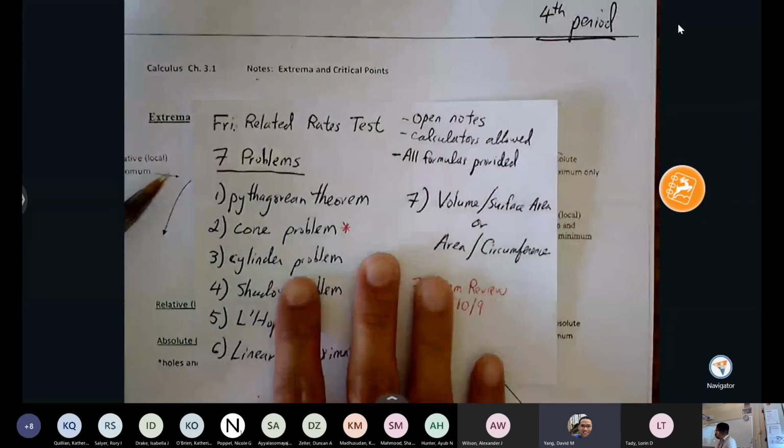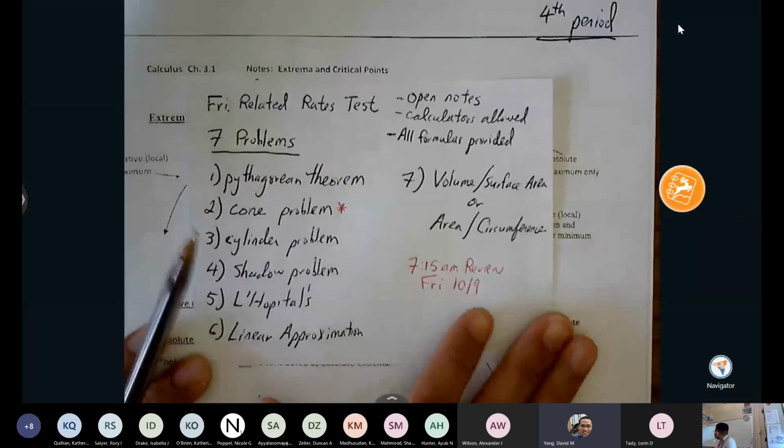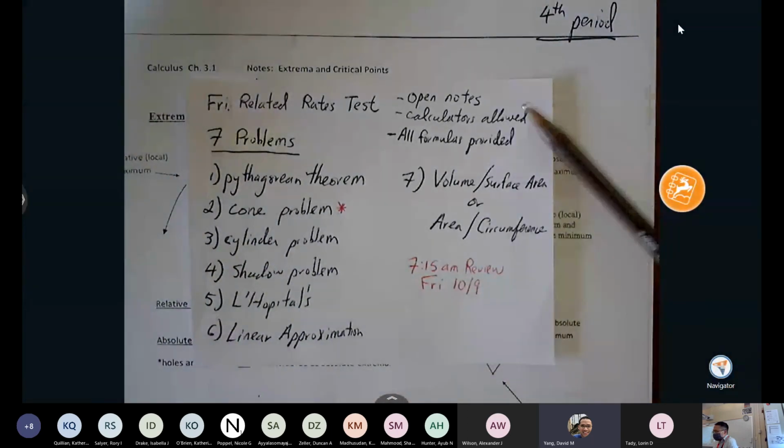But I do want to make sure that you guys have an idea what's going to be on the test tomorrow. So related rates tests, open notes, calculators allowed, all formulas are provided. These are the problems that you're going to see.